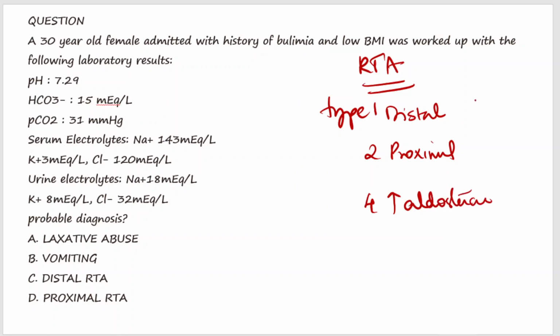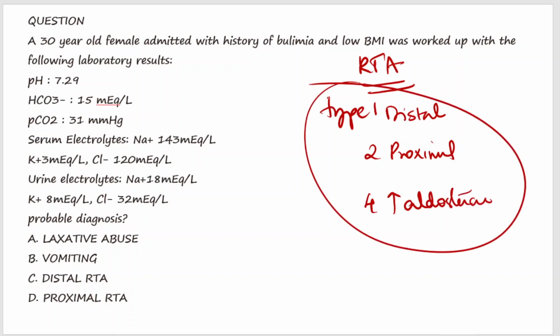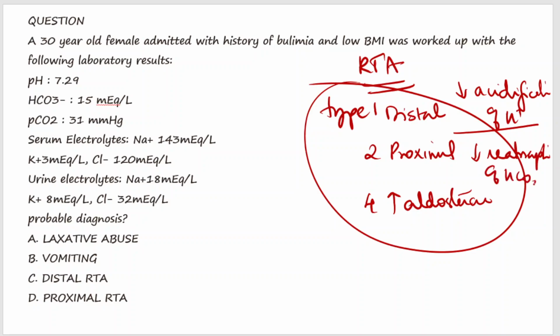The cause of metabolic acidosis here is a decrease in the acidifying capacity of urine, which means that H plus is not properly excreted in distal renal tubular acidosis. In proximal, there is decreased reabsorption of bicarbonate. So it is either decreased excretion of H plus or decreased reabsorption of bicarbonate, the two main causes of type 1 and type 2 renal tubular acidosis.